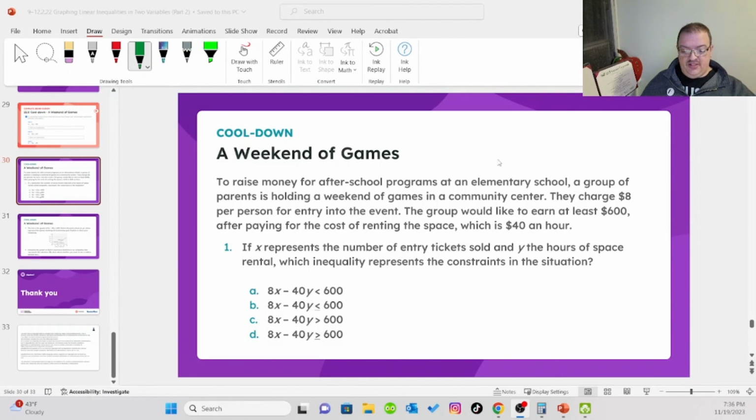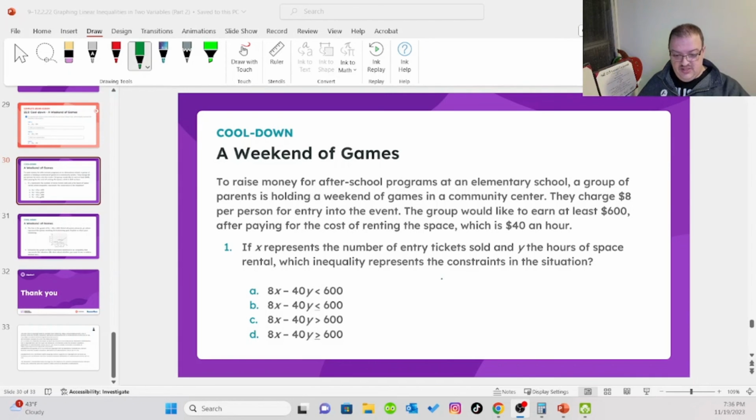The group would like to earn at least $600 after paying for the cost of renting the space, which is $40 an hour. If x represents the number of entry tickets sold and y the hours of space, which inequality represents the constraints in the situation?